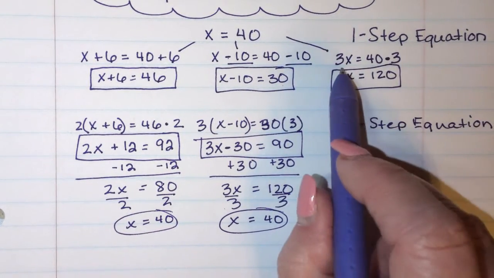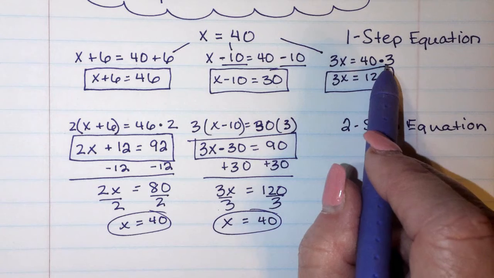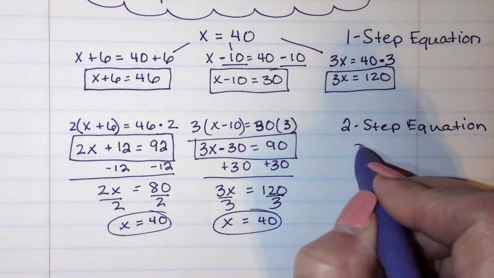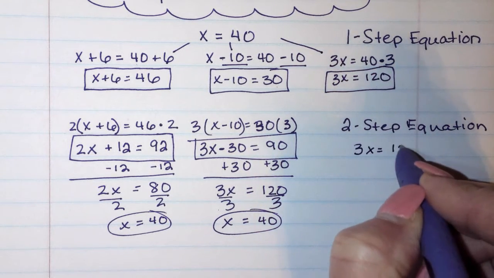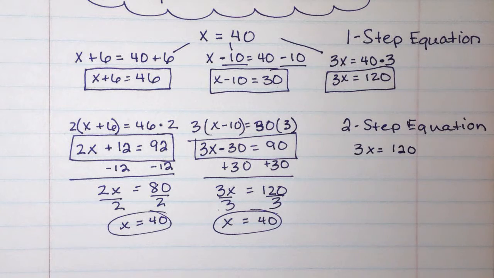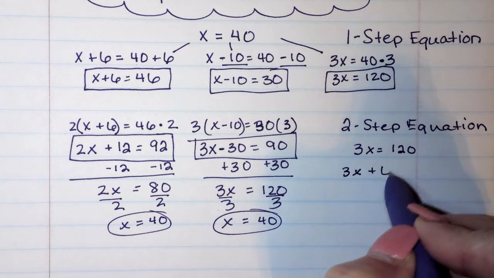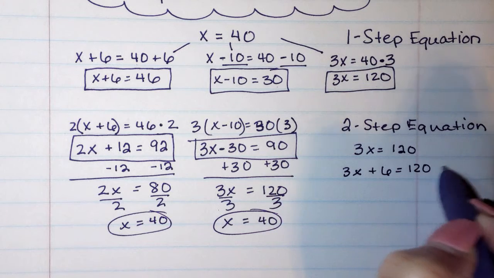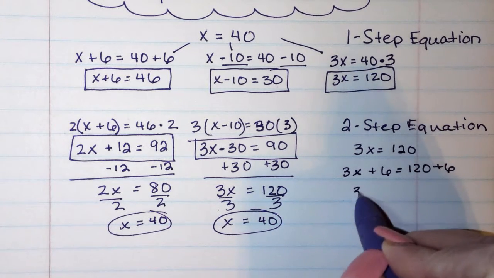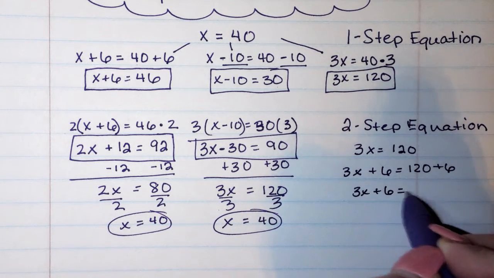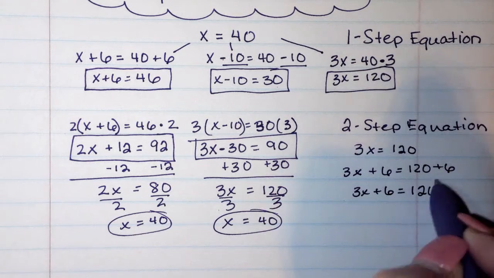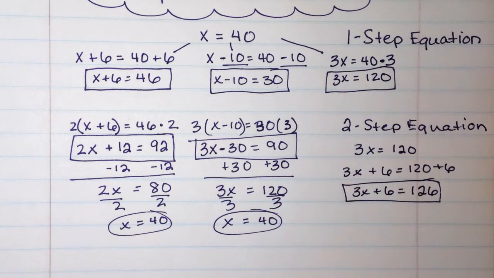Okay, now if I already had multiplication here, my equation is 3x equals 120. Well, I could just add or subtract from it. So I could do 3x plus 6 equals 120 plus 6. And my two-step equation would be 3x plus 6 equals 126.